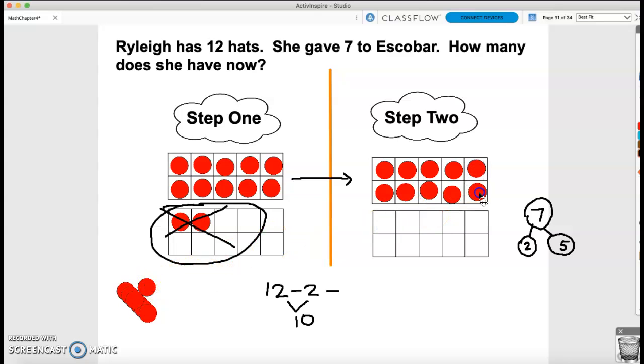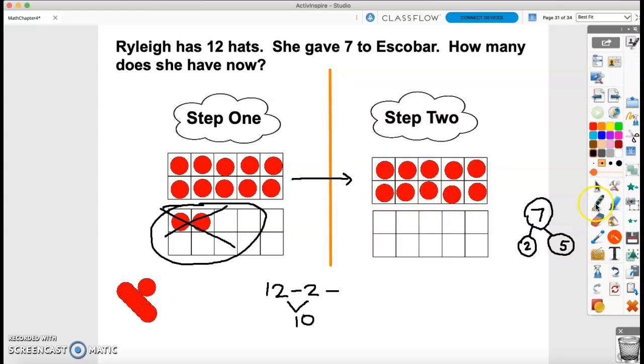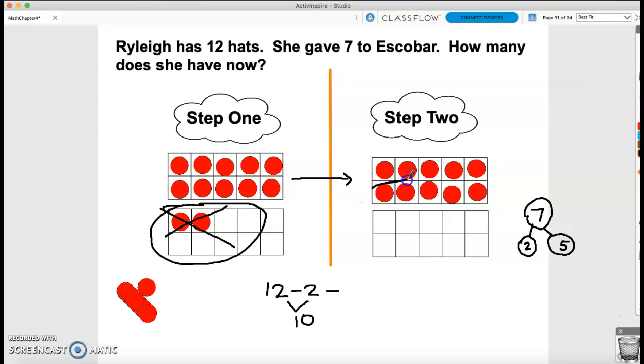All right, so now we've already subtracted 2 off, but we need to get to 7. So here's 2, 3, 4, 5, 6, 7. So I need to subtract the rest of this line. So I know I need to subtract 5 more.